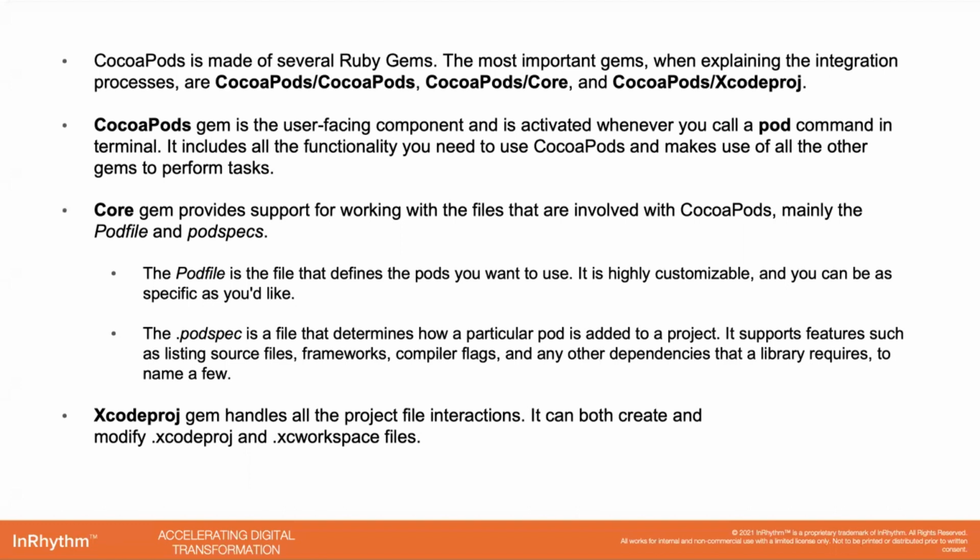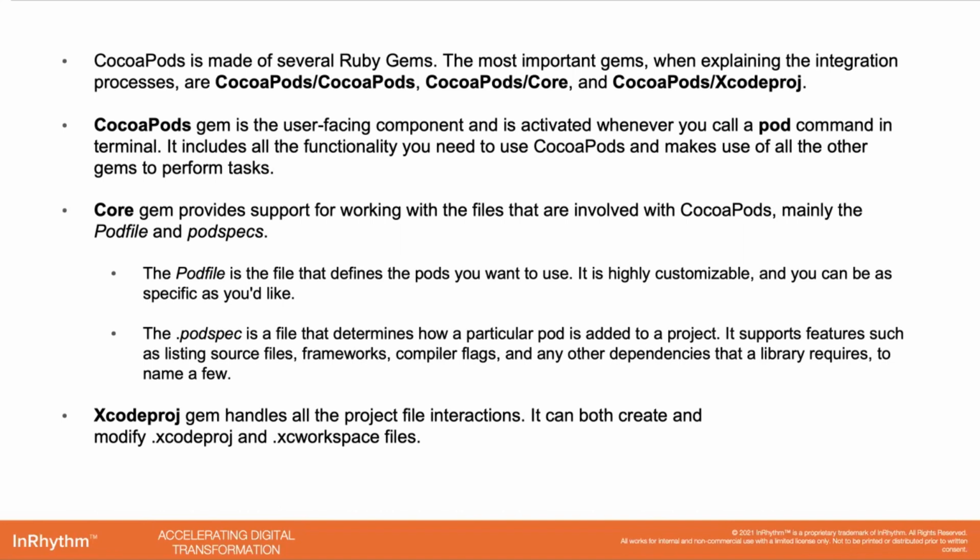The Core gem provides support for working with files that are involved with CocoaPods, mainly the Podfile and podspecs. The Podfile is a file where you define all the pods which you want to use. We'll talk a little more about the Podfile in a minute. The podspec file determines how a particular pod is going to be added to the project.